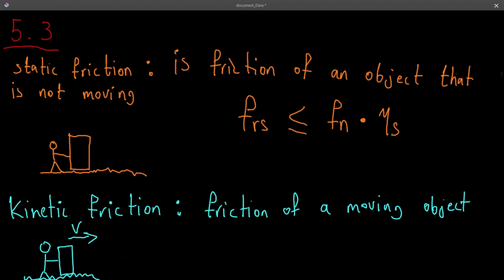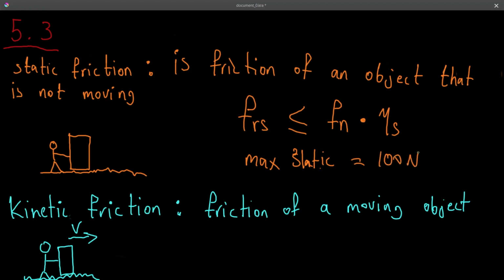As for the reason why it's a less than or equal to, it's because this Fn times mu s will give you the maximum value of static friction. So when I do the normal force times this coefficient of static friction, this will give me the maximum force that you can push on this object without it moving.